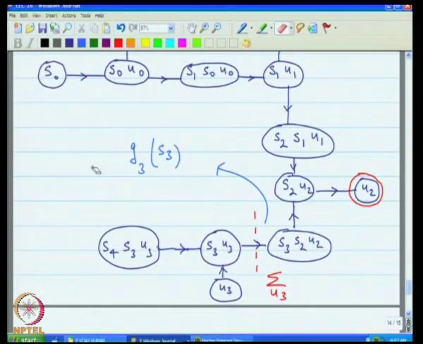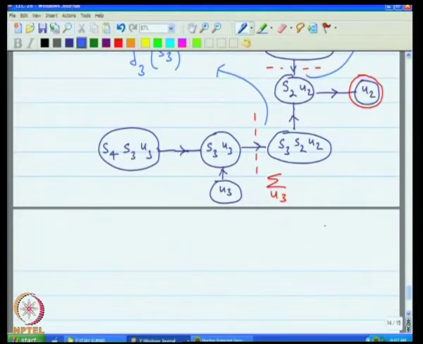So, what we know is that coming from this direction you have g2 of s2, f2 of s2, that is what you have here, and here you have g3 of s3.